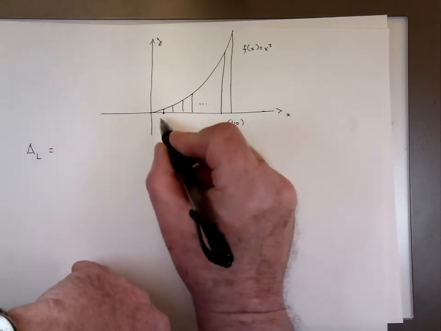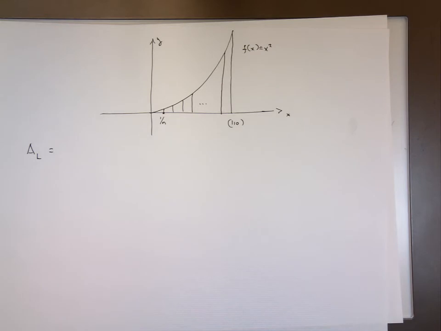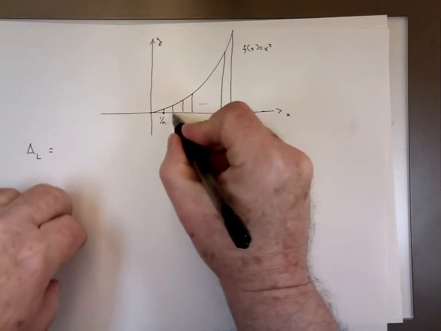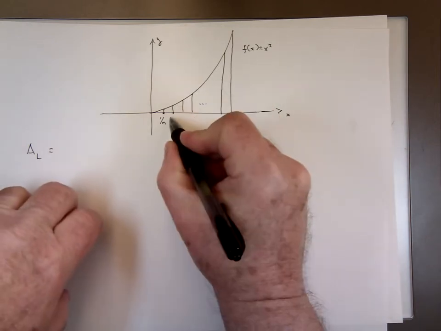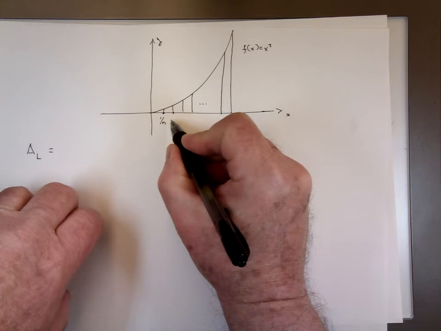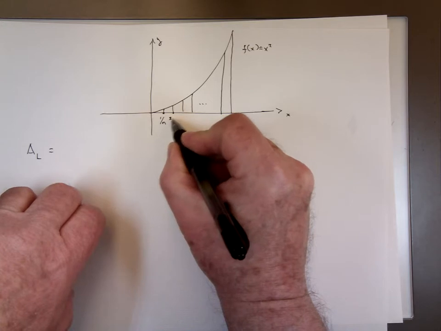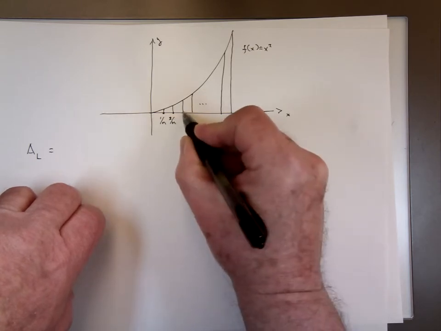If I divide an interval of 1 unit length into n equal parts, each part will have a width of 1 over n. The first point here will be 1 over n. What will the next point be? It's 1 over n plus another 1 over n, 2 over n. What's this guy? 3 over n.